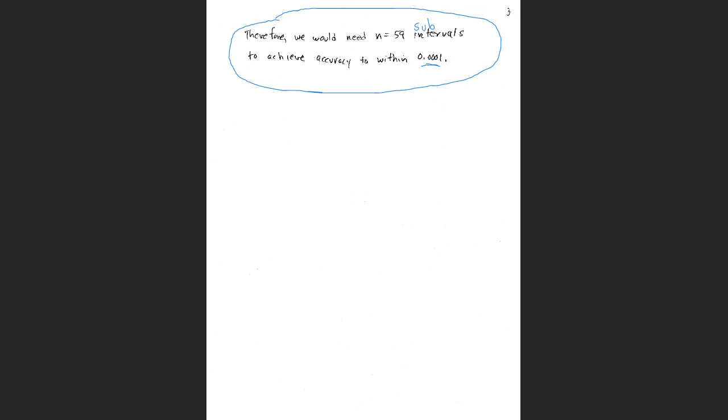With 10 subintervals, we were guaranteed an accuracy of a little more than 3/10,000. But if you want to get that accuracy down by 2/3 to 1/10,000, you've got to increase your number of subintervals by like 50. You've got to increase it like 6 times. So it's kind of amazing, but that's how it is in math.